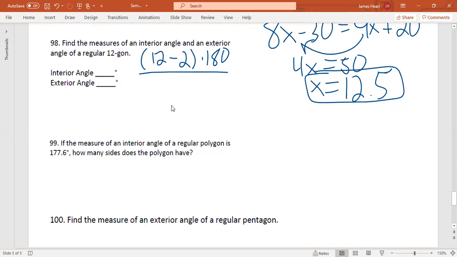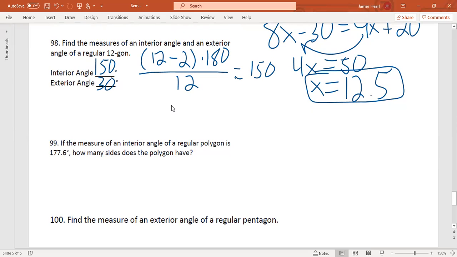We want to divide it by 12. That way it comes out to each one, because it is regular, so you know they all have to be the same. If you go calculate that out, it comes out to be 150 degrees. At which point, if there's 150 on the inside, linear supplementary argument tells me there must be 30 for the outside angle.